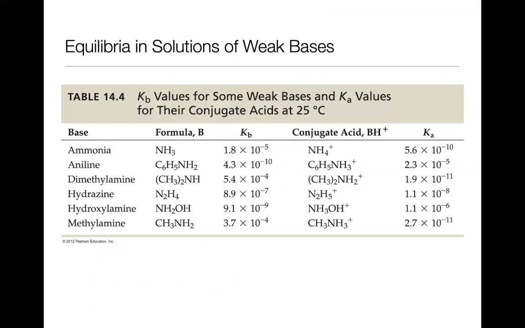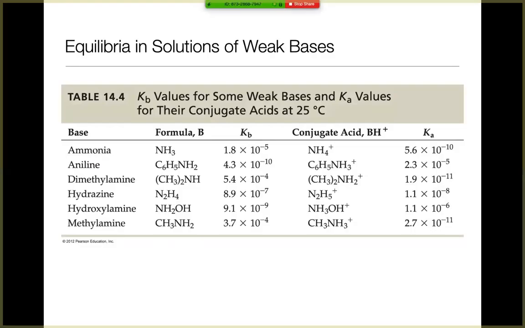What this will be doing is comparing Kb to Ka. We've already discussed Bronsted-Lowry acids and bases and that they come in conjugate acid-base pairs. If we take ammonia, for example, they're going to be in conjugate acid-base pairs. Why?